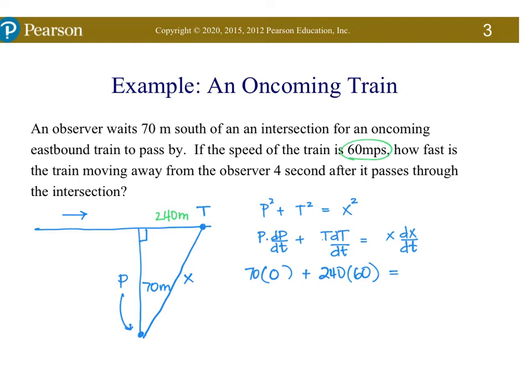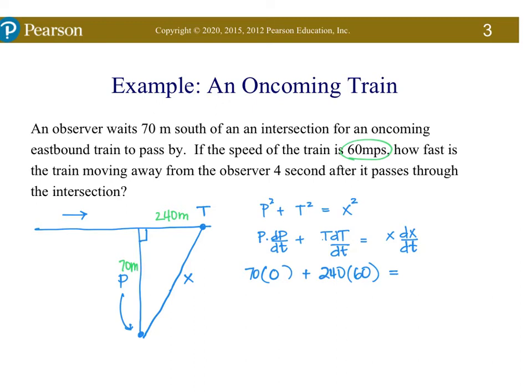Now x. It's not explicitly given in the equation, but we can find it using a simple Pythagorean theorem. So let me move my 70 over to the outside. So we know we've got 70 meters and 240 meters are the legs.